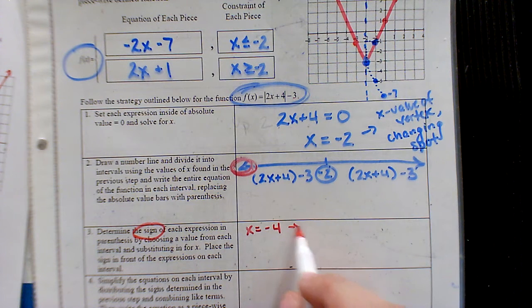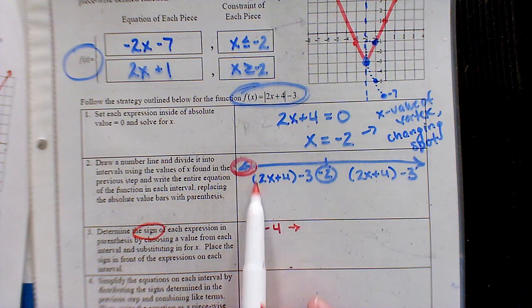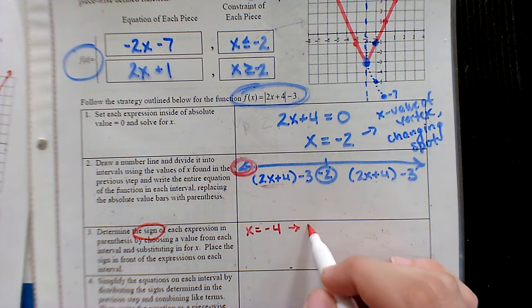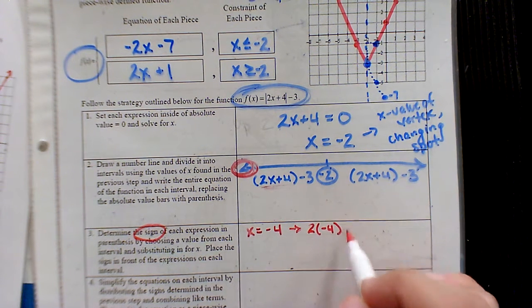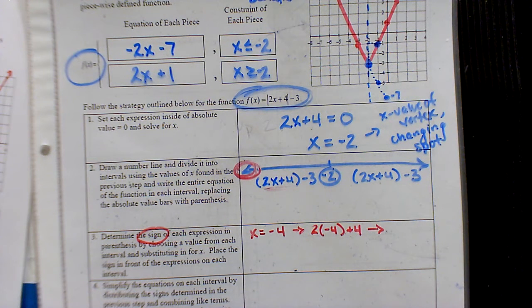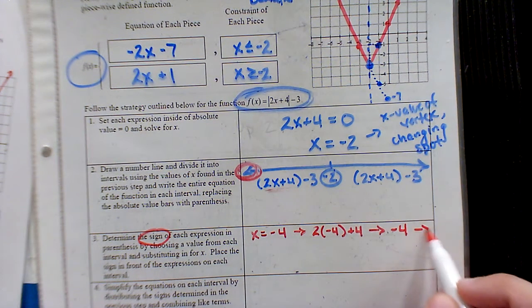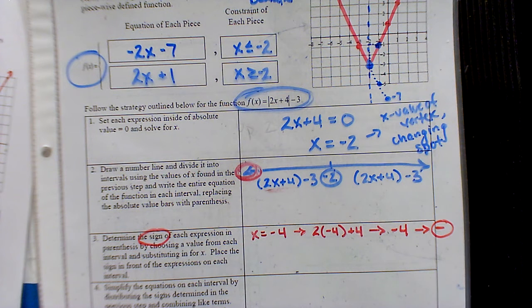If you were to plug in that -4, just inside the parentheses, we'd have 2 times -4 plus 4. That would give us -8 plus 4, which is -4, right? So on this interval, we have a negative value.